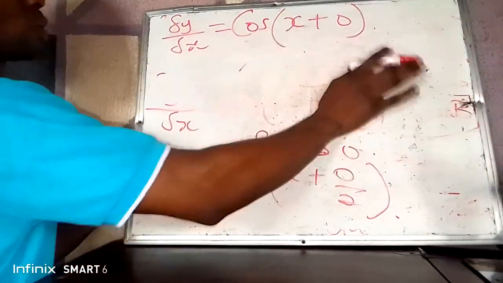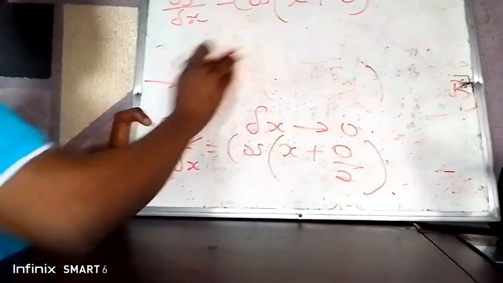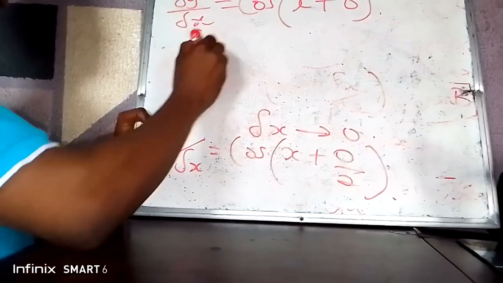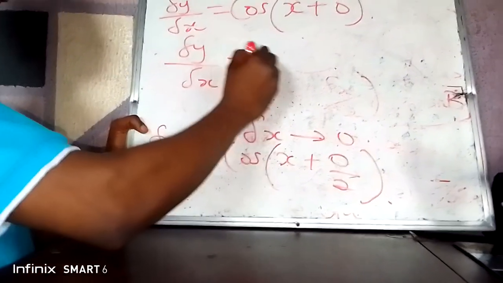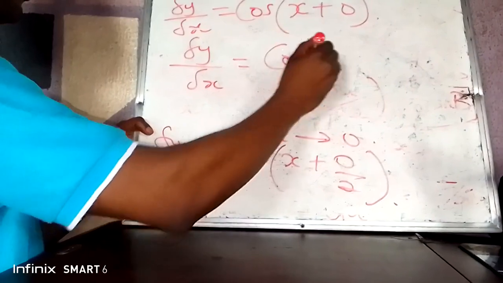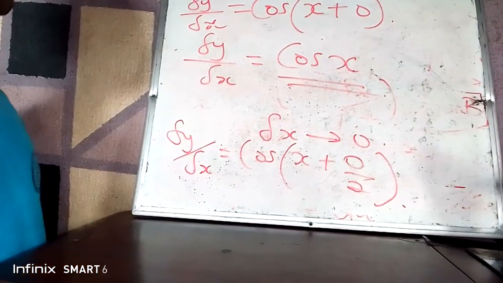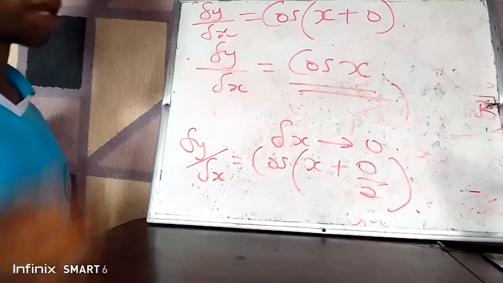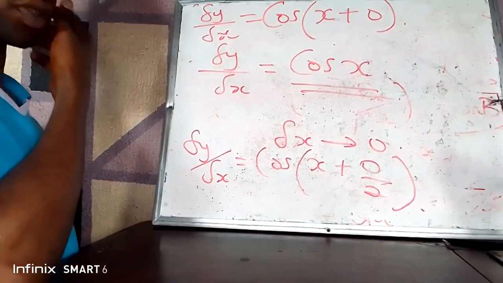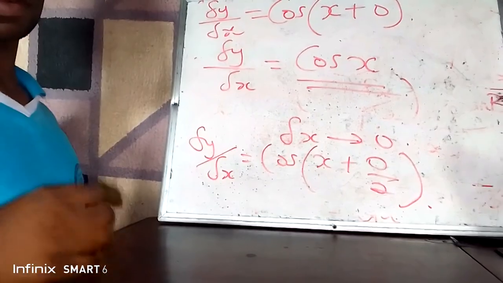That means my dy dx equals cos x. So that is the answer why we are deriving from sin x to cos x. Thank you.